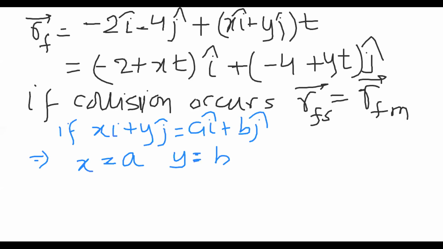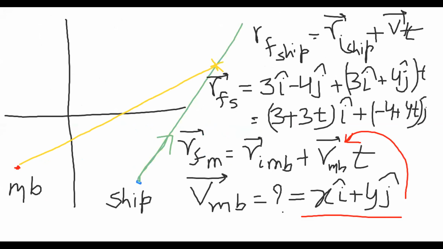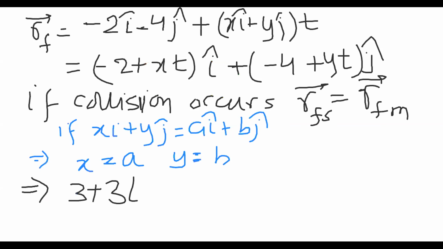So if RHS is equal to RHS, this would mean that this vector will be equal to the vector we have just seen. So I'm going to get 3 plus 3t is equal to minus 2 plus xt.